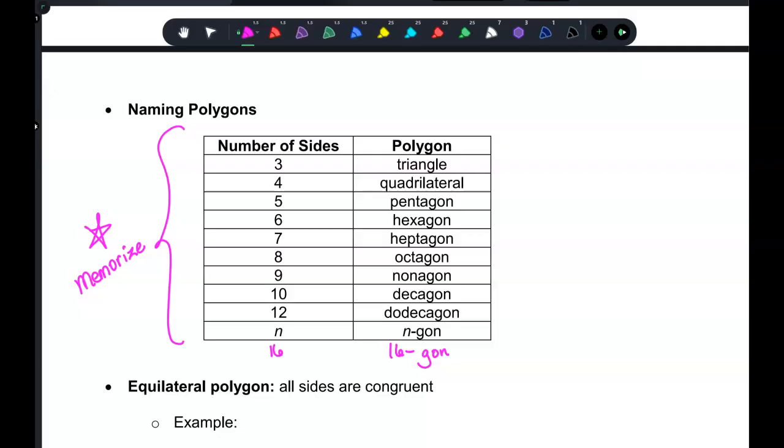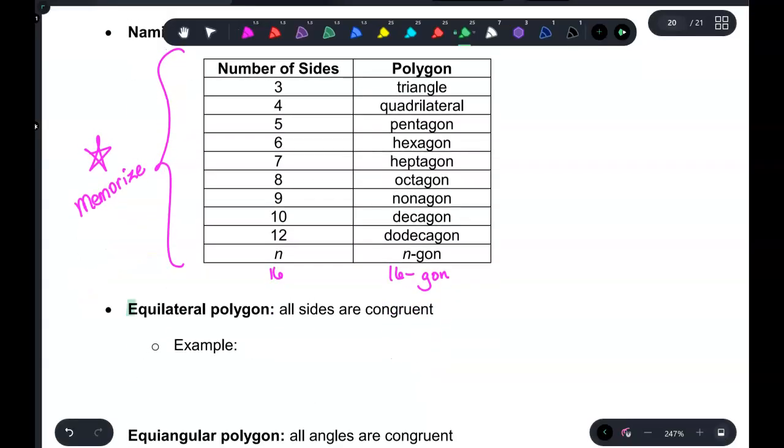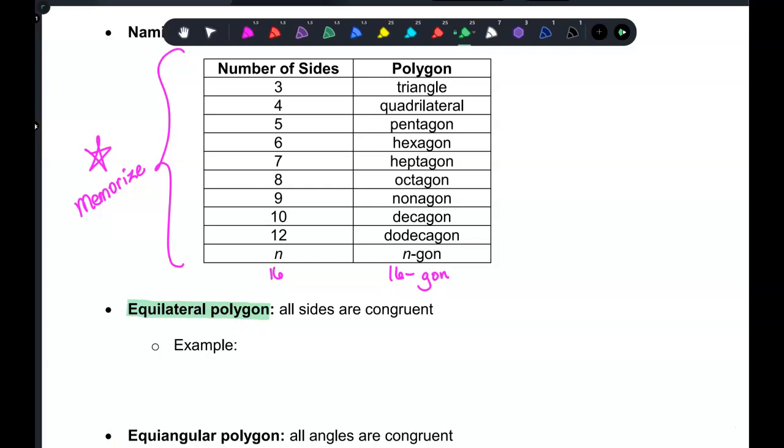All right, next one. You do need to know this definition. Equilateral. So think about the actual word. We look at the first part of the word, equal, or equi, means equal. Lateral. Lateral is a side, okay?